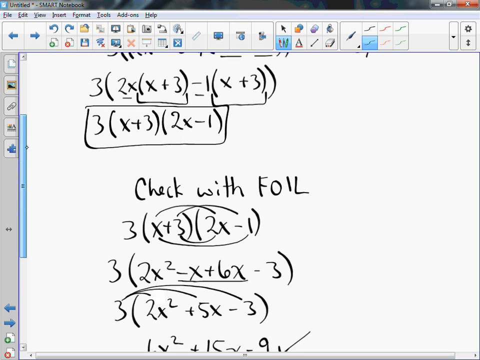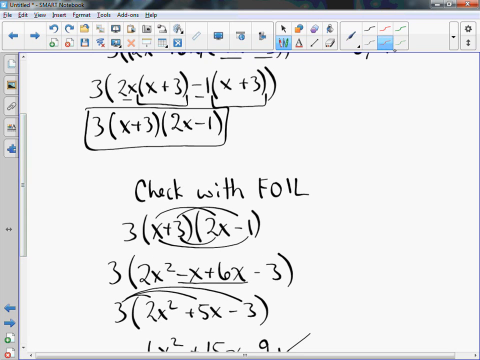So this is the correct factored form of our original trinomial. So there were 2 examples of how to solve or factor trinomials that have a leading coefficient other than 1.